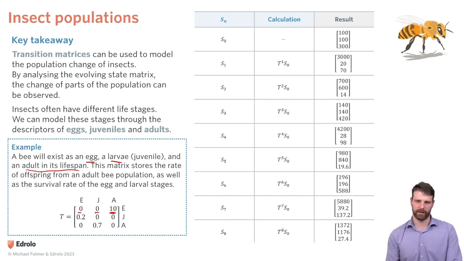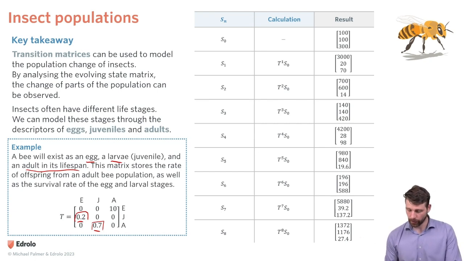Because we know that only the bees are the ones that can make eggs, or really only the queen. But this is a model, so that's okay. So we've also got this 0.2 and 0.7, and they're telling me the survival rates of the eggs and the juveniles. There's no survival rate for the adult bees, and so what that means is we expect all the adults to die in the next year.